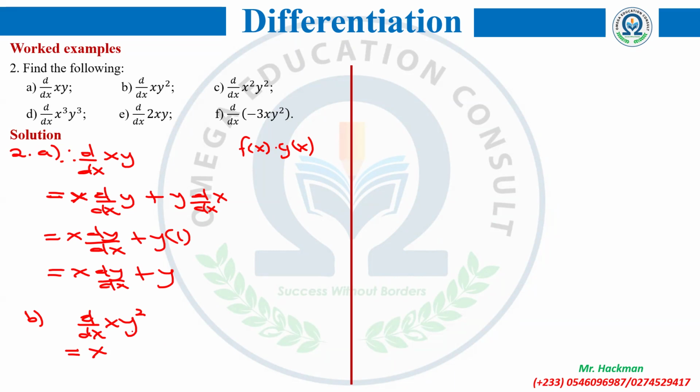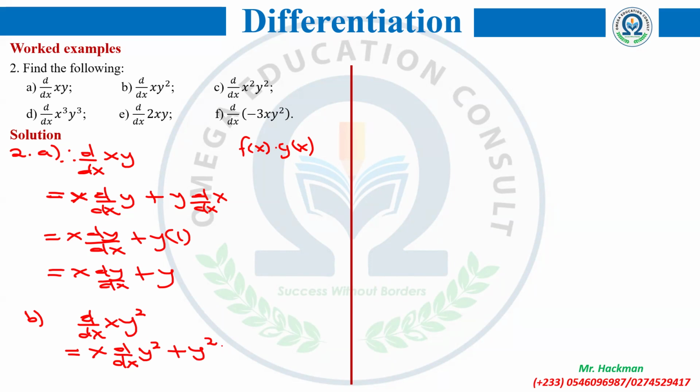Then we come and differentiate the second function. But if we are differentiating the second function, we need to know our differential operator. What is the differential operator? d dx. My professors, are you with me? Yes, please. So I'm going to take d dx of y squared, which is my second function. Then plus, I come and hold y squared, my second function, then differentiate my first function.